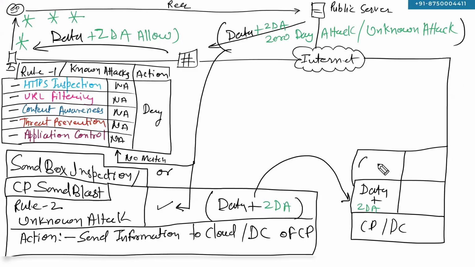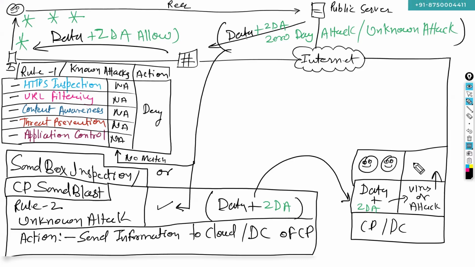What they will do, those engineers will analyze it and they will find, yes, whatever we have received, we can say it is a virus or it is an attack. Then they will generate a solution, or you can call it a signature, for this.